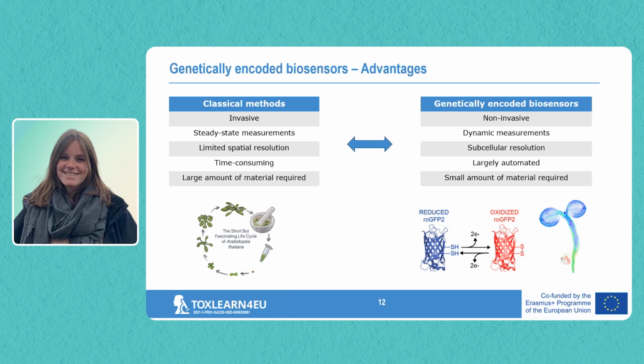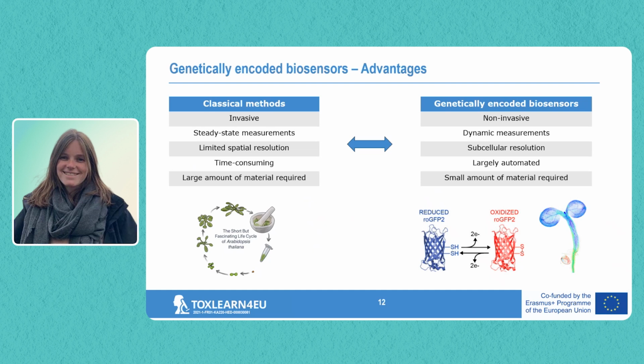Now, the genetically encoded biosensors, because we can really insert them into the plant genome, they are non-invasive, so it means our plant will be fluorescent and we can just follow the changes in fluorescence over time without having to prepare an extract. We don't need to stain our plants with anything. We can just look at them under the microscope or in the plate reader, as I will show to you later.